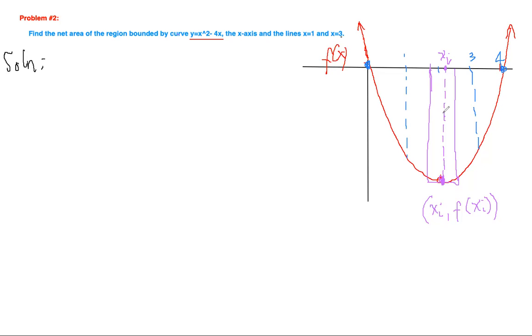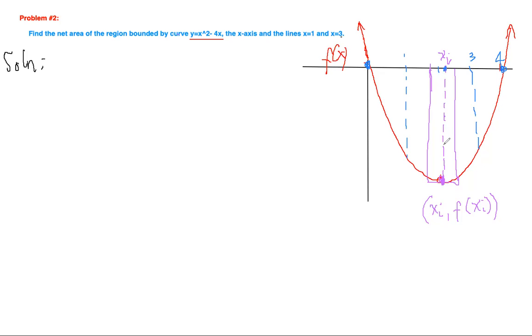To identify the area, let's draw a vertical, rectangular strip here. Let's assume the rectangular strip is here, and let's use the point at the middle of the rectangle to be x sub i.